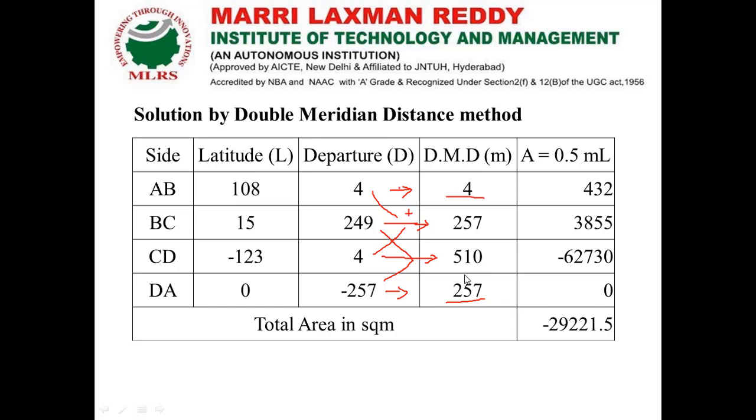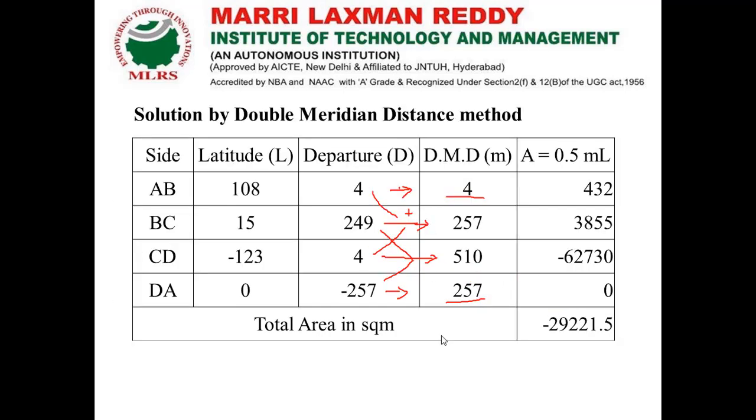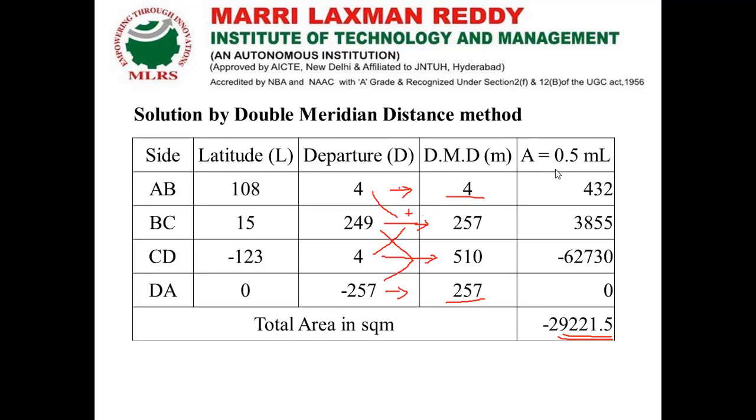So with respect to meridian distance method and double meridian distance method, the area is the same. The only thing is, in the meridian distance method we have taken 0.5 times the departures, but in the case of double meridian distance, while calculating the area, we are going to multiply with 0.5. That is, half of the amount we are going to take.